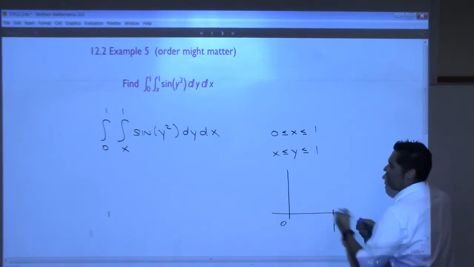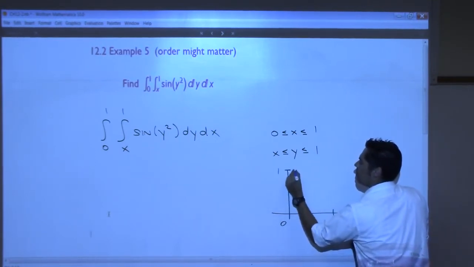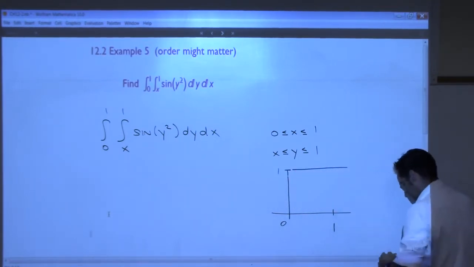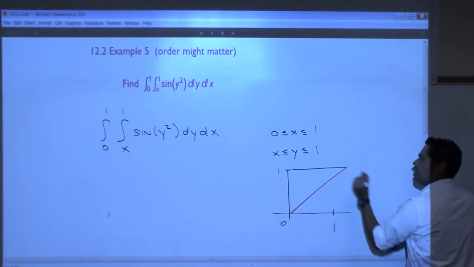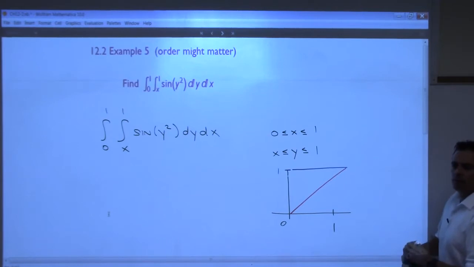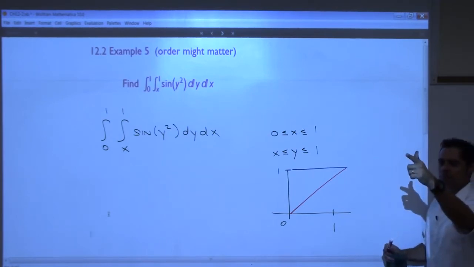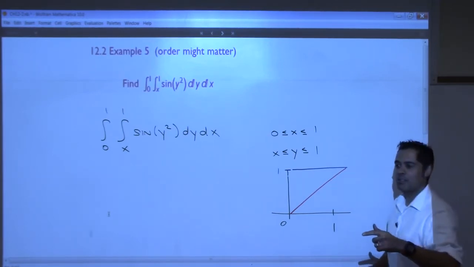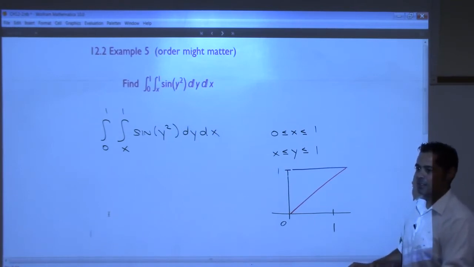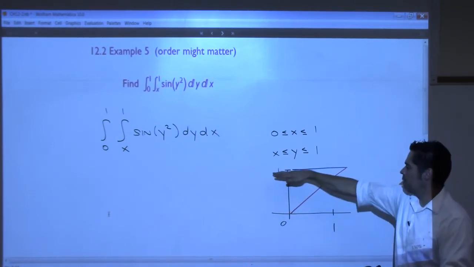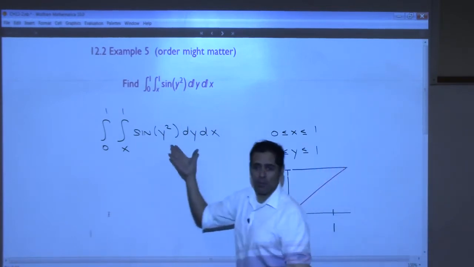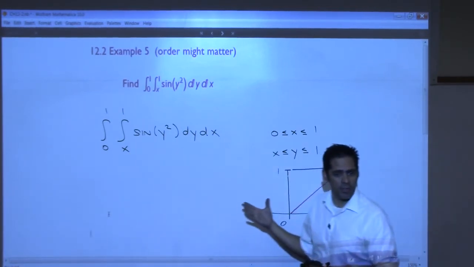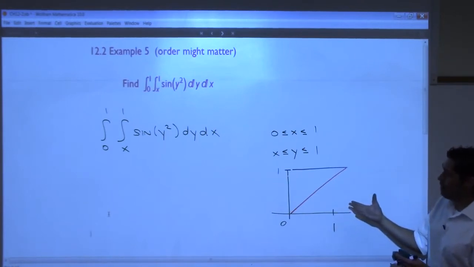So 1 being the top is this, right? x being the bottom is this. Yes or no? y equals x, y equals 1. And the way this integral is trying to approach the problem is by treating this region like a what?